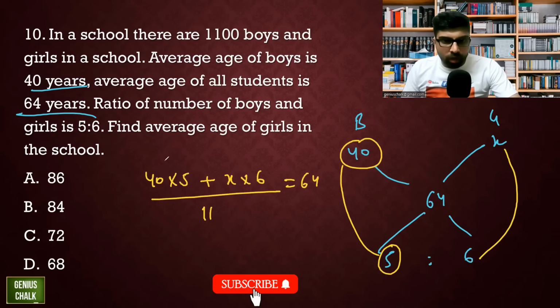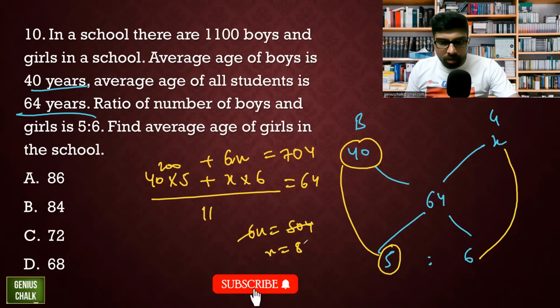So this is 200, this is 6x, and this is 64 into 11, so it will be 704. So if you find, 6x will be equal to 504, x will be, 6 8s are 48, x is coming out to be 84. So 84 has to be my answer.